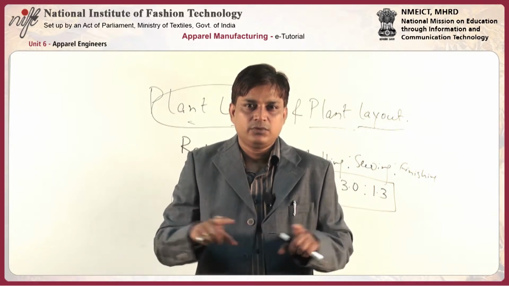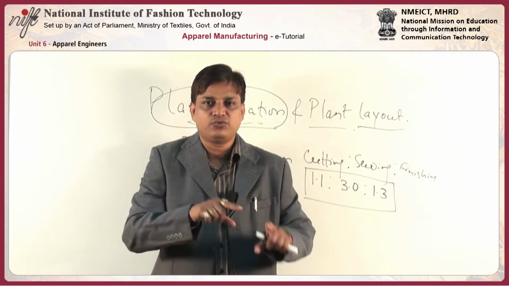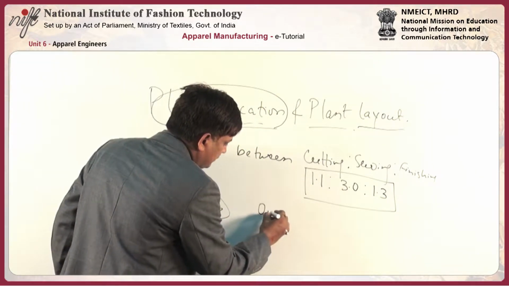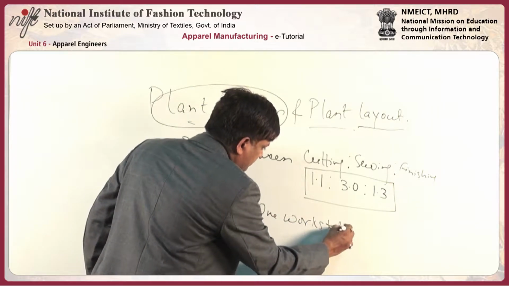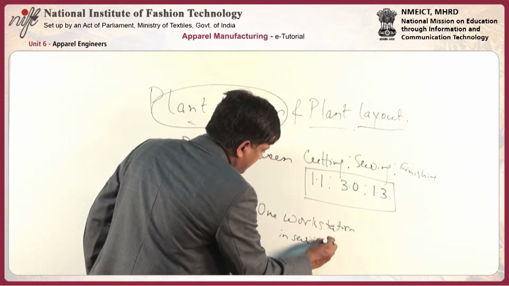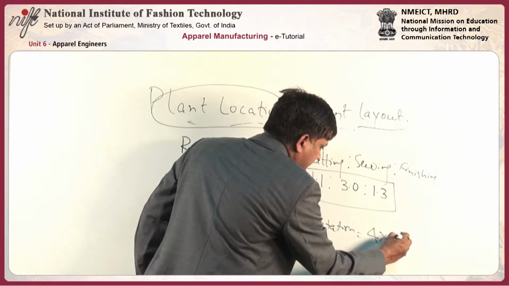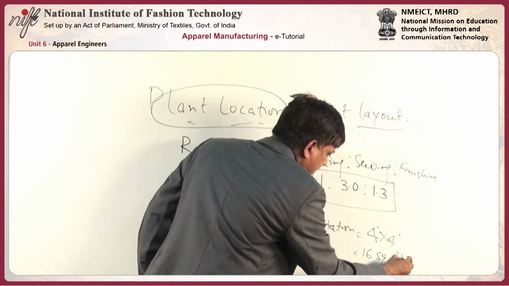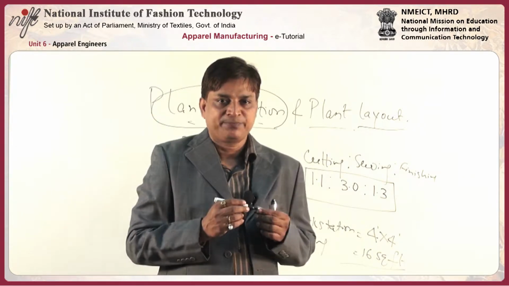Roughly, we require 4 feet by 4 feet for one workstation in sewing. So basically, this is 16 square feet of area for one workstation in sewing.